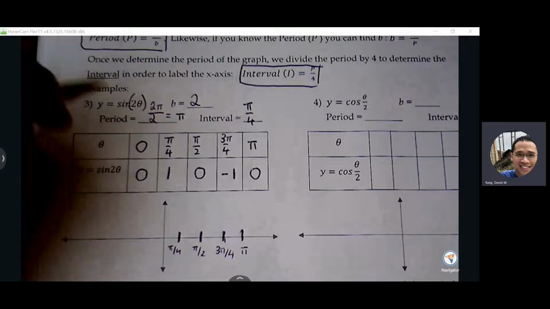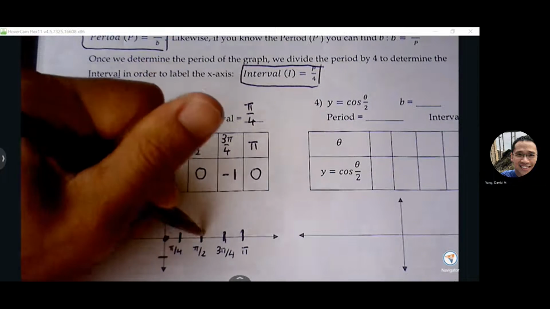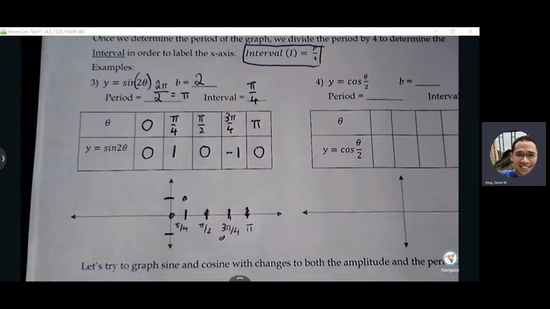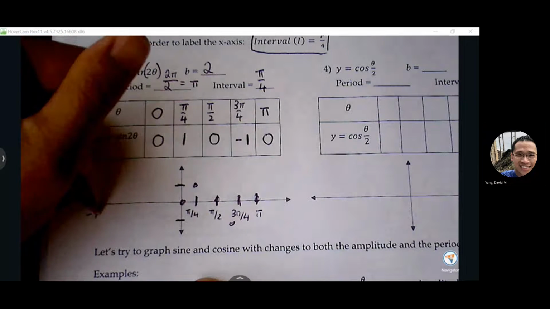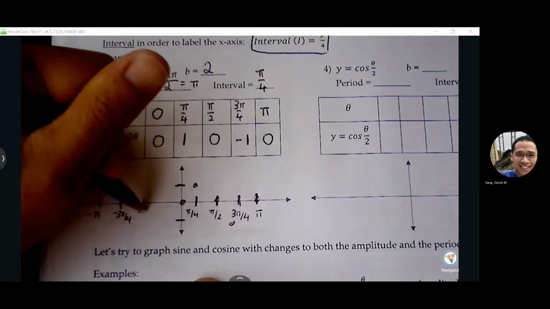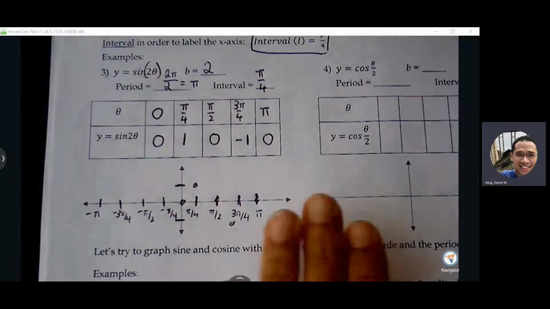Okay, so now we can just plot our ordered pairs, and then make it go in the negative direction as well. So it's like a mirror image, right?